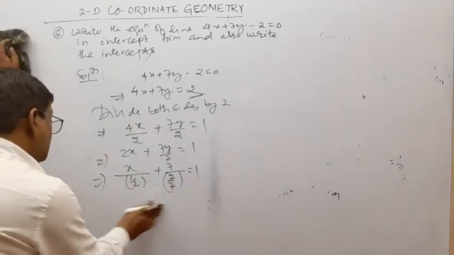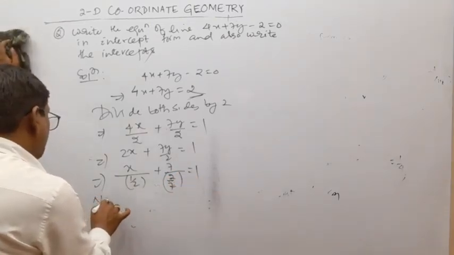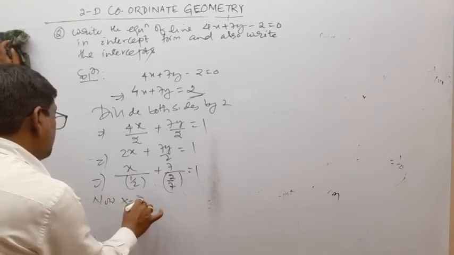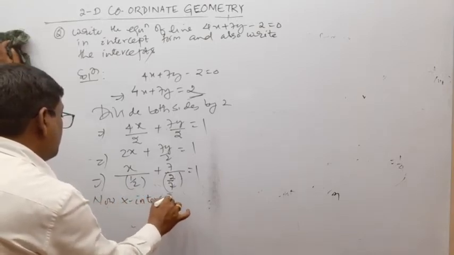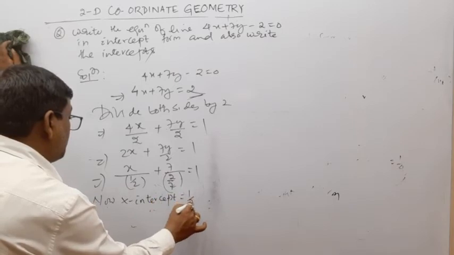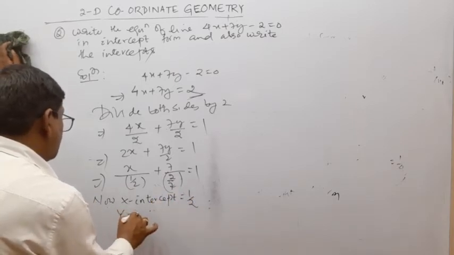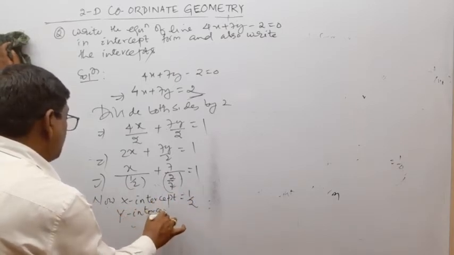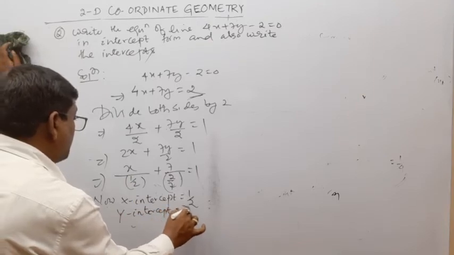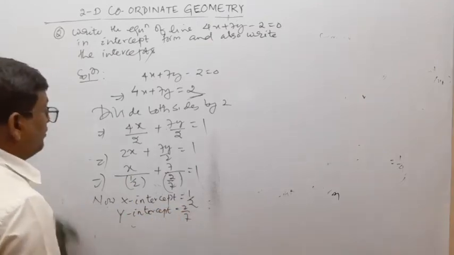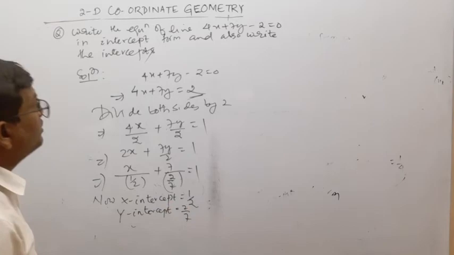Now the x intercept is equal to 1 by 2, and the y intercept is equal to 2 by 7.